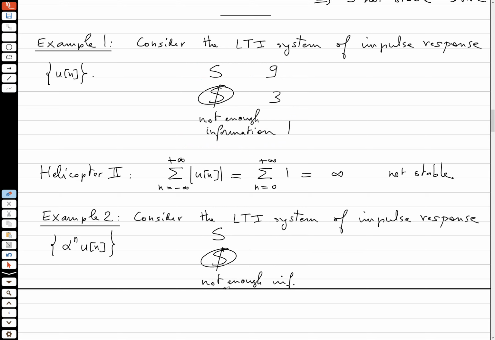My eraser doesn't want to erase. All right, how many of you vote this is stable? How many of you vote this is not stable? How many of you vote there's not enough information?